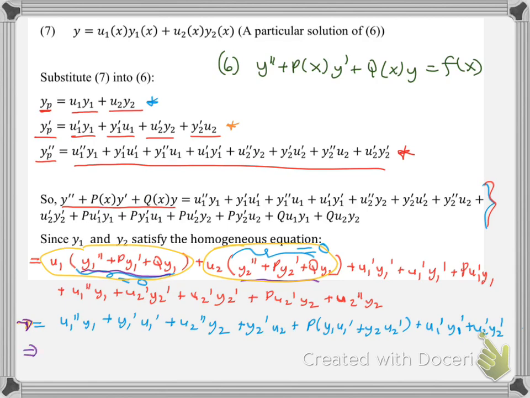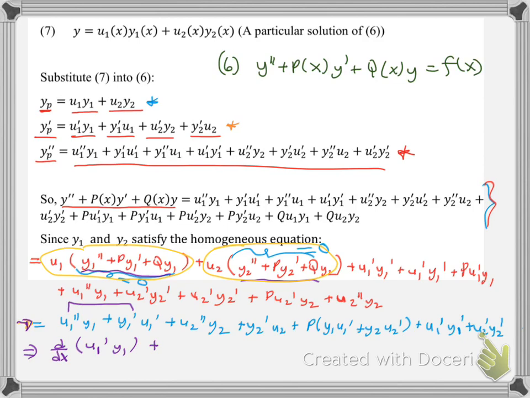But here's what's even nicer. This right here is the product rule if we were to take the product of u1 prime y1, right? Because it's u double prime times y1 plus y prime times u1 prime. That is so cool.